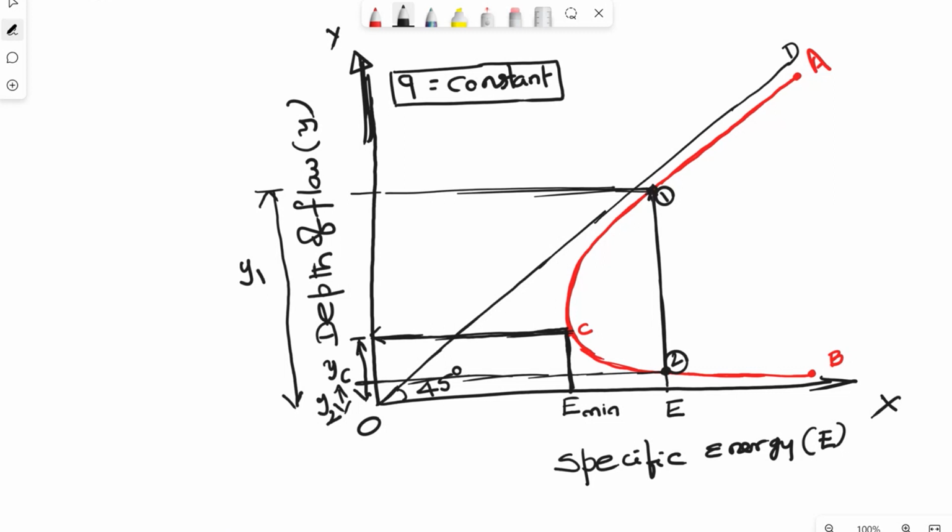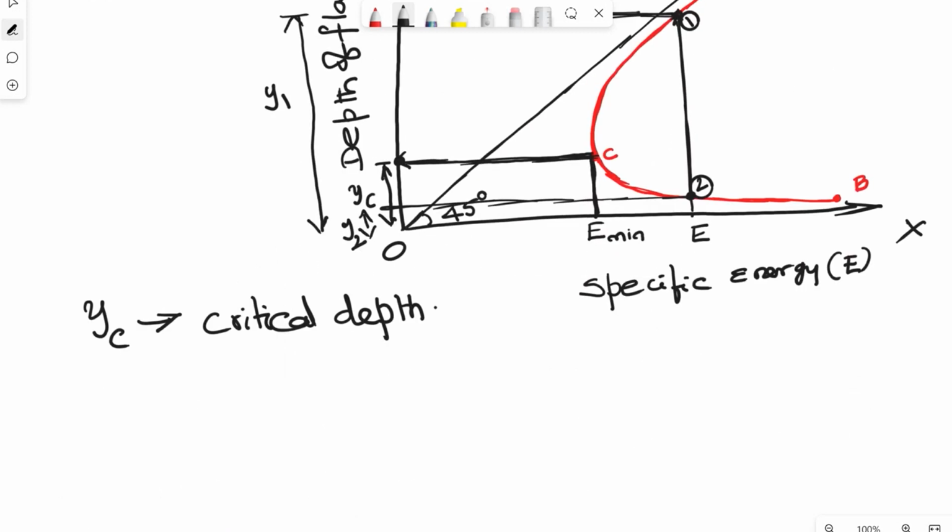Next point: the point corresponding to C, which is called yc, relates to the critical depth. Corresponding to this critical depth, the velocity is called critical velocity.